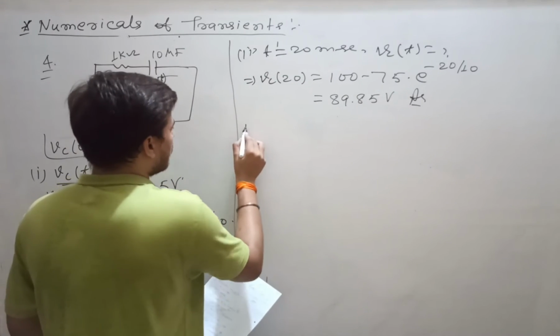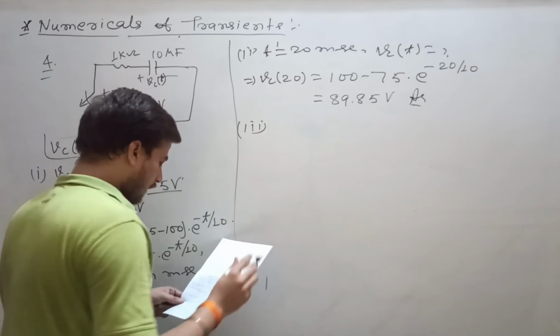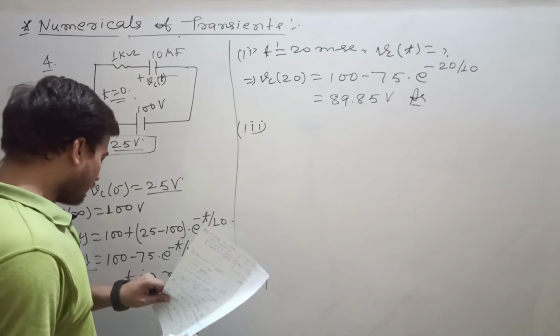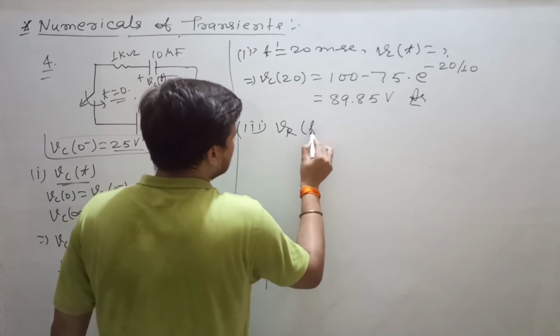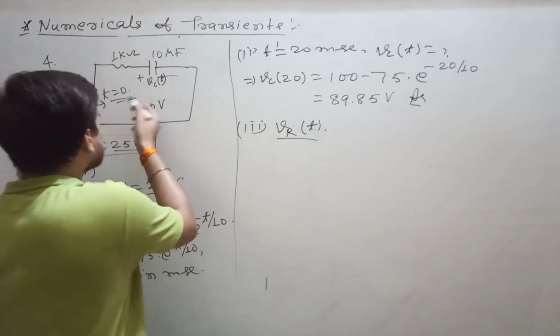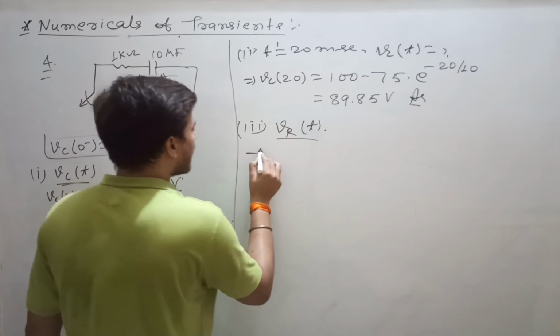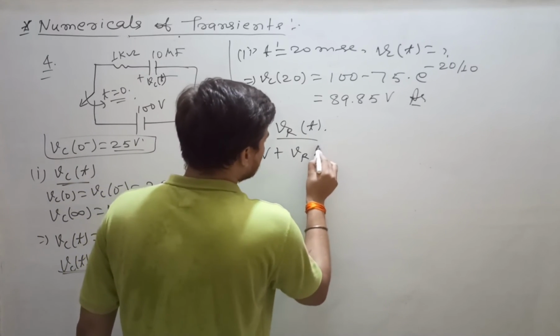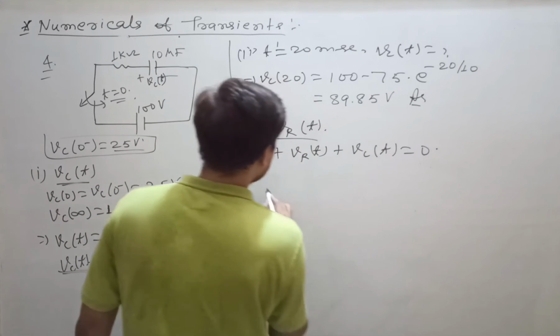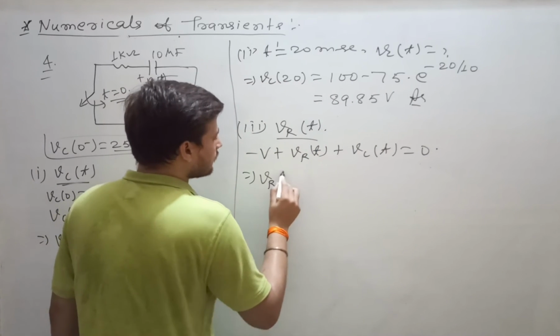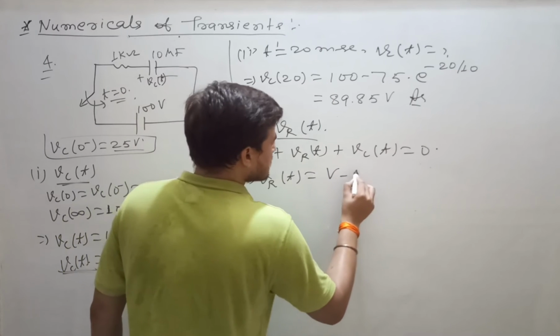Come to the third question. In the third question, we have to write the expression for VR(t). Again the expression for VR(t) will be how much? You will write minus V plus VR(t) plus VC(t) equal to 0. From here VR(t) will be V minus VC(t).